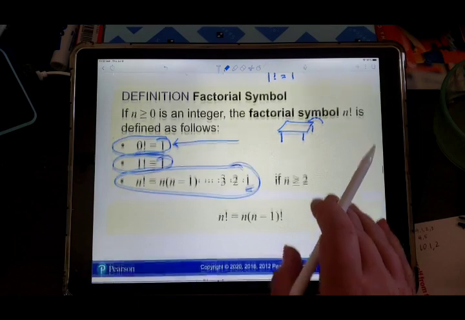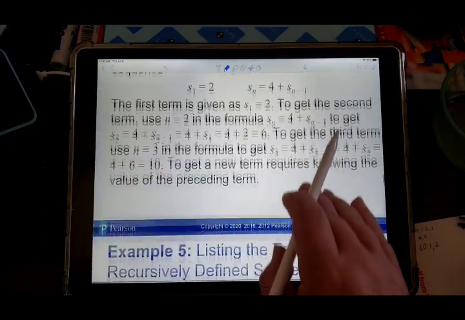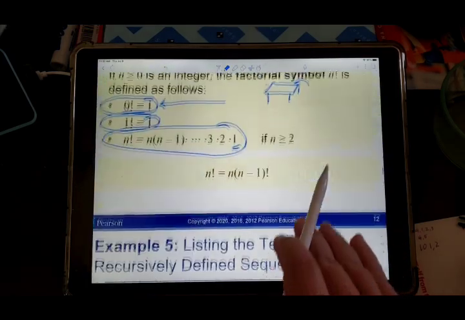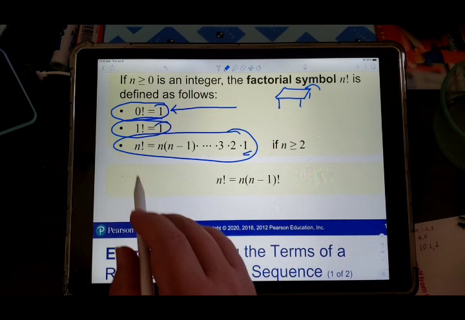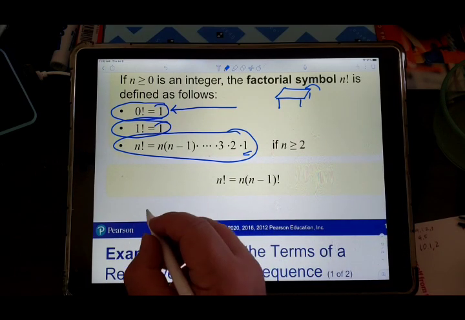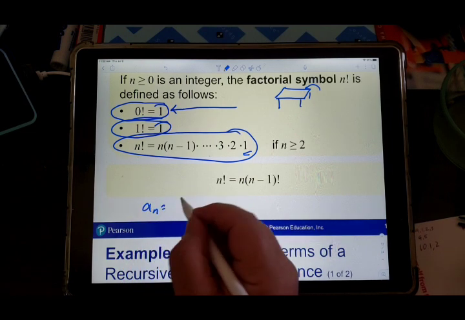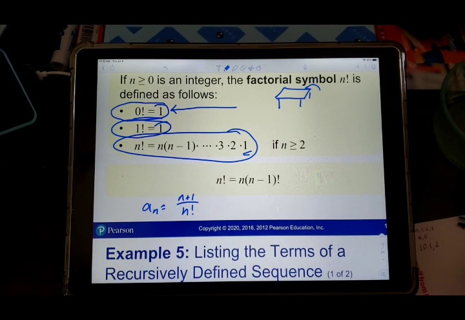All right, so the factorial symbol can work its way into a sequence. Let's make one up here. So let's say I had a sequence that I called a sub n equals n plus 1 over n factorial.